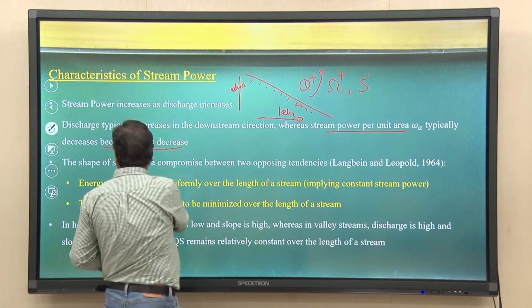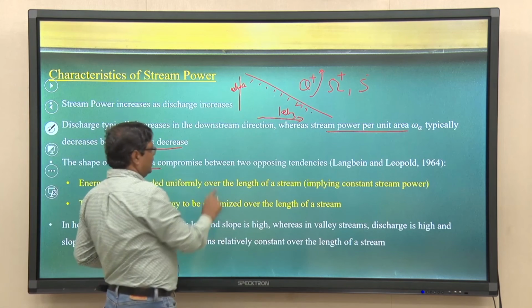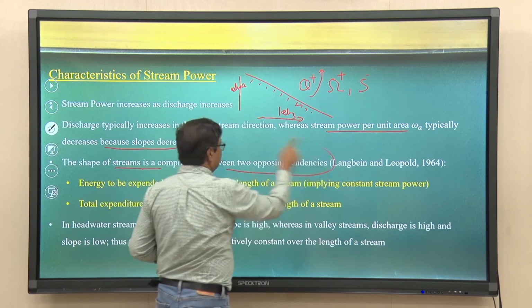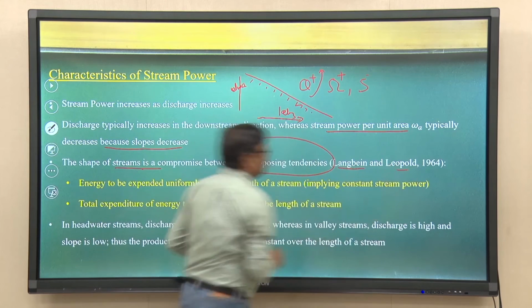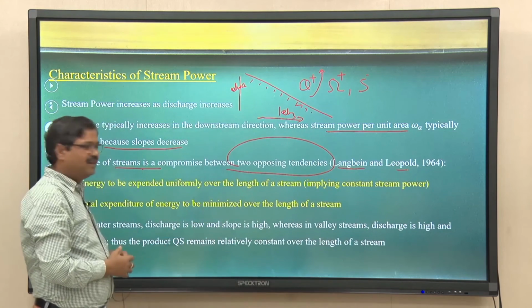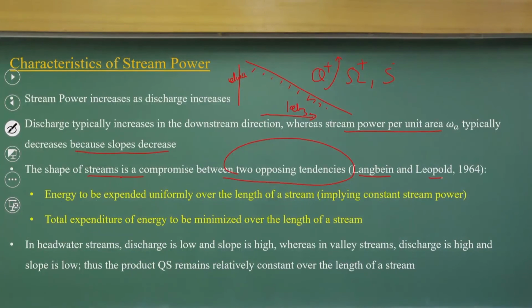The river's trend and shape of the stream always involve two opposing tendencies. That is Langbein and Leopold, 1964. It is an opposite tendency, that energy is to be expended uniformly over the length of the stream.